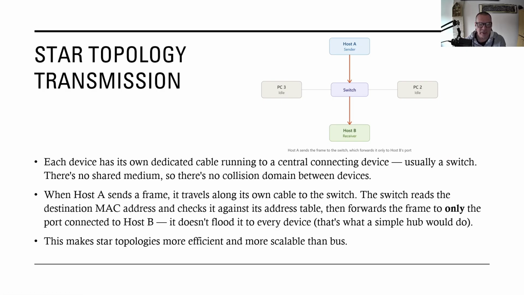Within the packets you have an address, a MAC address of the device that you want to go to. Those MAC addresses are unique for every single hardware device, or should be. So it can use a table. Once it's worked out what the MAC address is for all these devices, it can send it to only the one that it needs to.